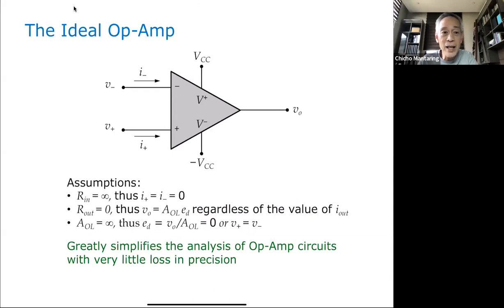But if you make these ideal op-amp assumptions, it becomes very easy to analyze your circuit. And the nice thing about it is you lose very little precision. As a matter of fact, when you assume that an op-amp is ideal, your error is oftentimes even less than 1%.